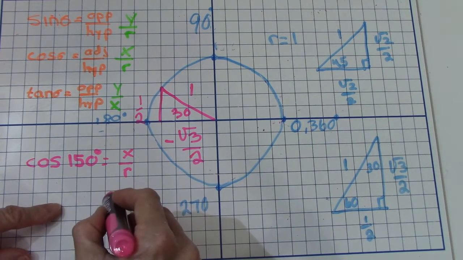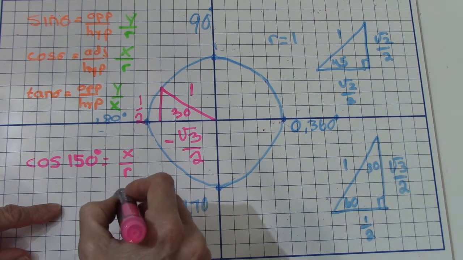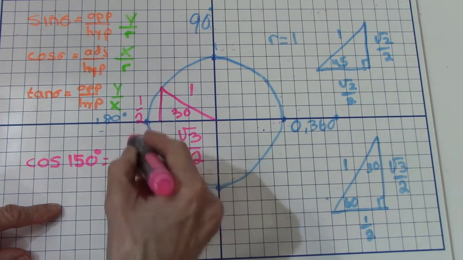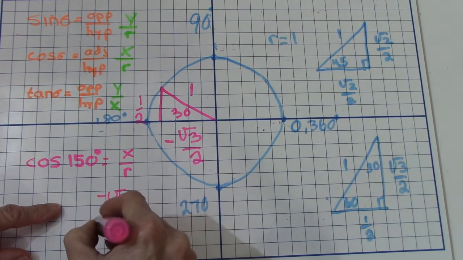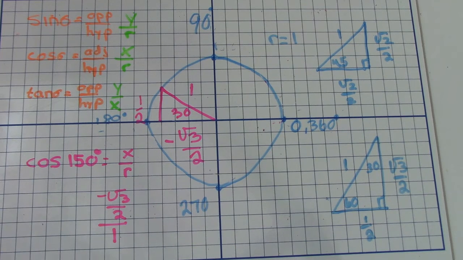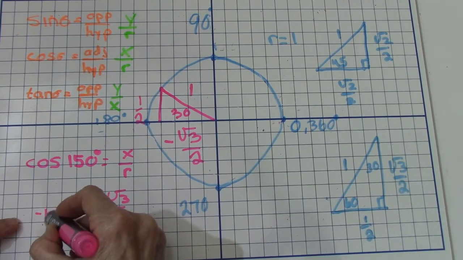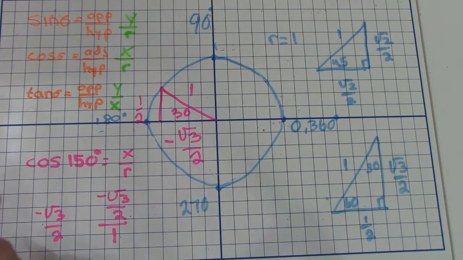My x value is negative square root of 3/2, and my y value is 1/2. So then my answer is just going to be negative square root of 3/2. That's the cosine of 150 degrees.